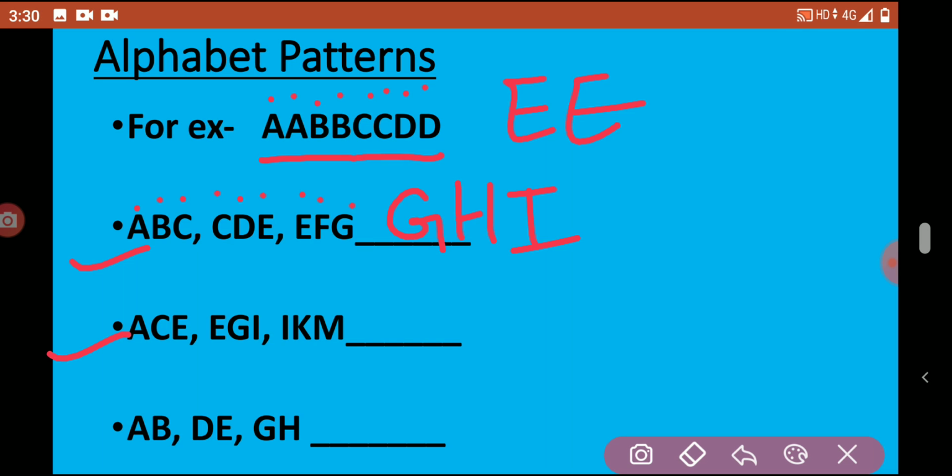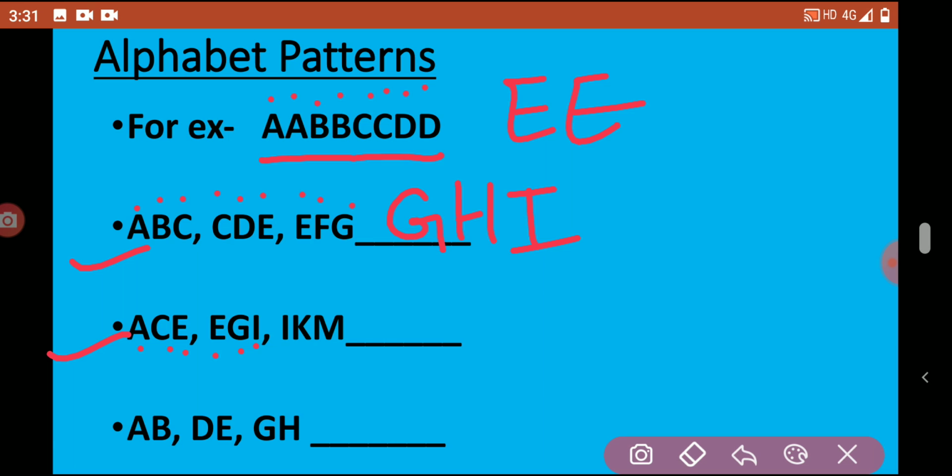Let's take another example. We have to observe the pattern and try to find out the next one. It's A, then we skip B, then C will come, then we skip D, then E will come. Now E repeats, we skip one alphabet, F, then G will come, then we skip H, then I will come.